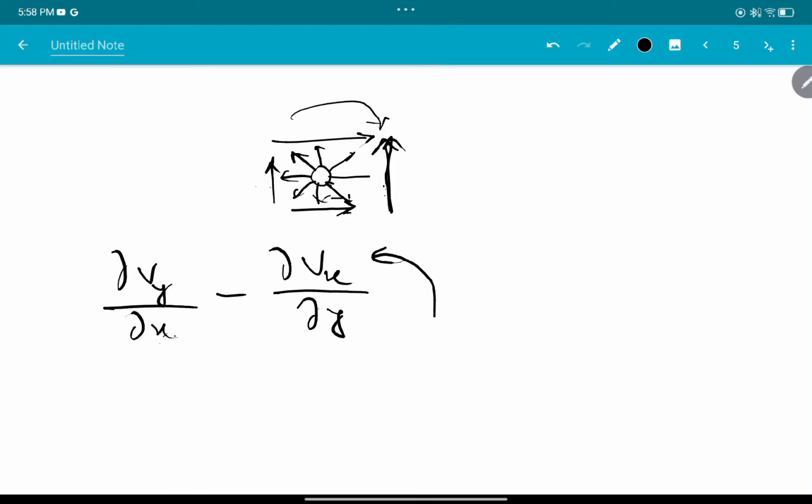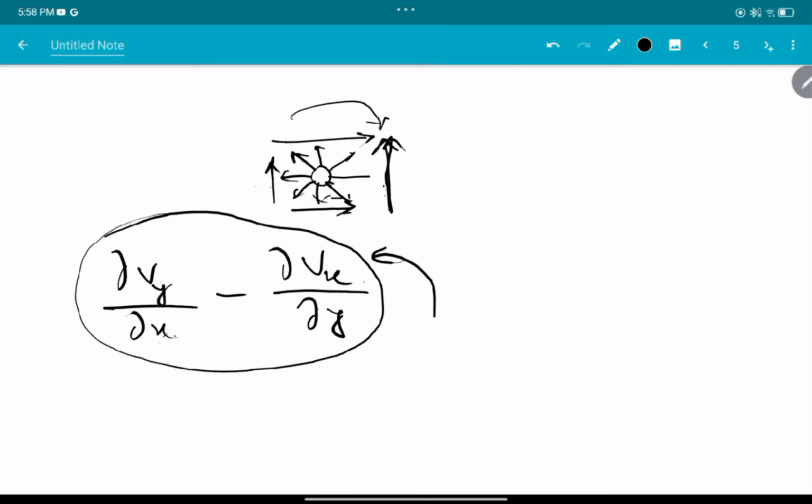The net torque on this will be this. We say that this is curl. That means the velocity has a tendency to turn a wheel.